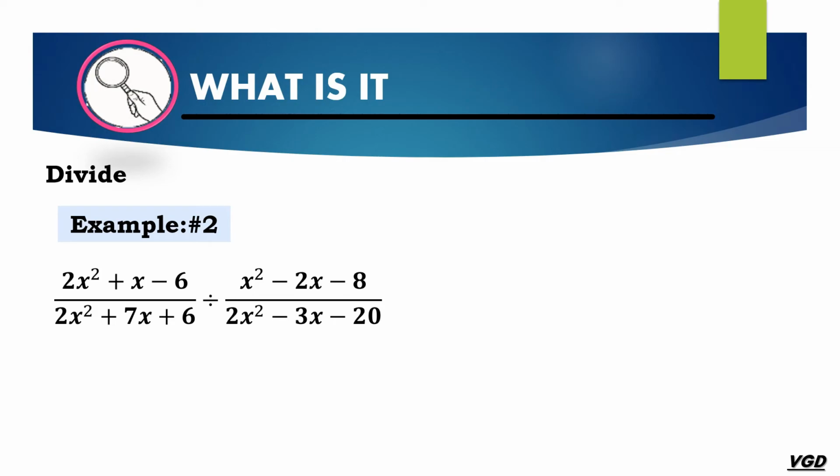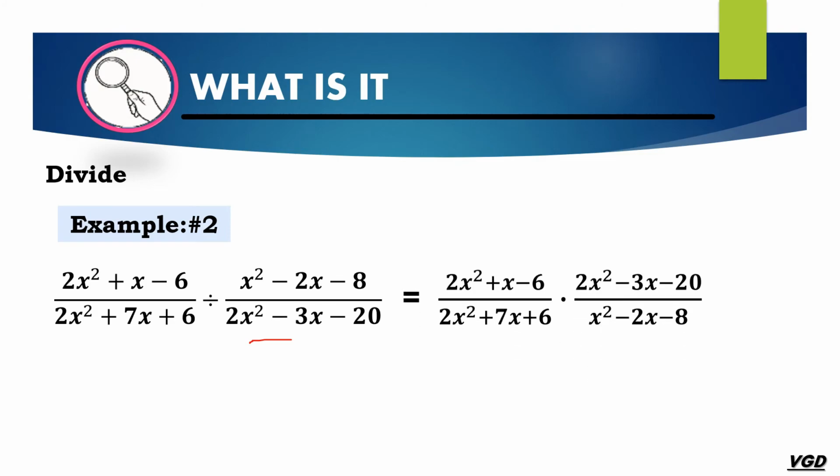Following the steps in dividing rational algebraic expressions, we have to multiply the first rational algebraic expression by the reciprocal of the second rational algebraic expression. So we have here 2x squared plus x minus 6 over 2x squared plus 7x plus 6 times 2x squared minus 3x minus 20 over x squared minus 2x minus 8.